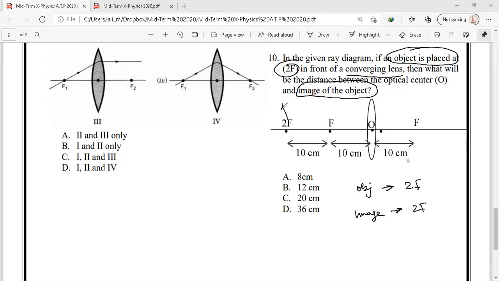At 2f, the distance of this object is 20 centimeters. So the image will be formed at 2f, and the size and distance of this image will be the same as the object. So the correct option is option C, 20 centimeters.